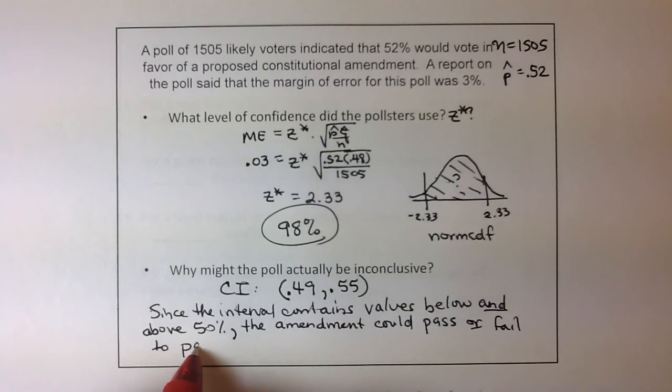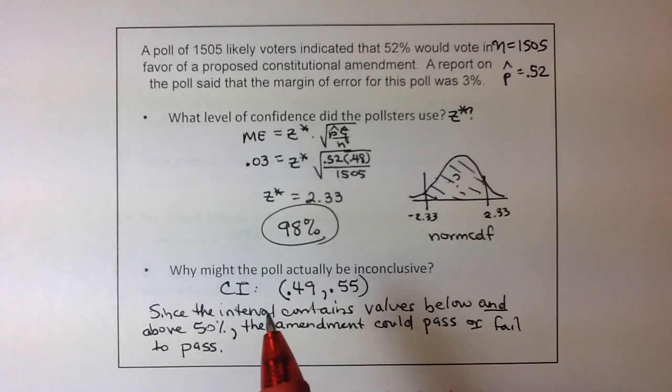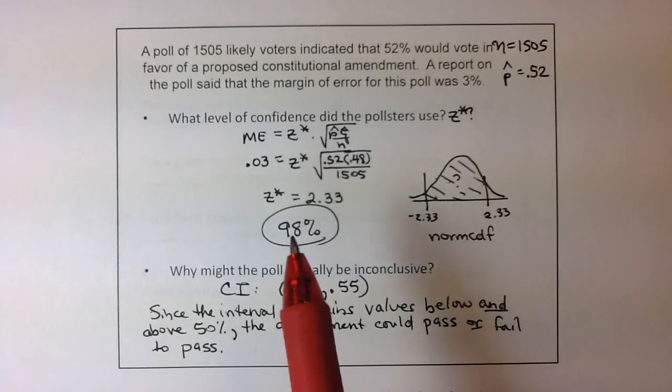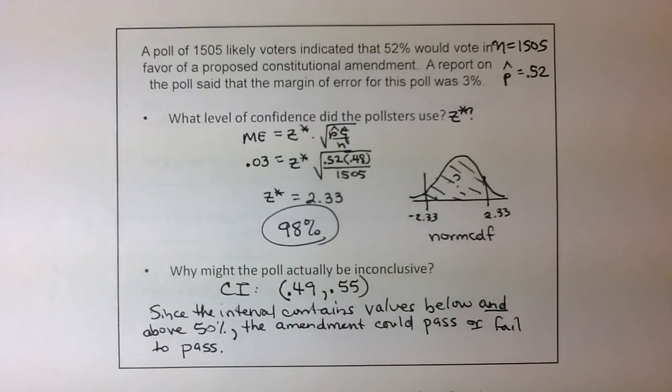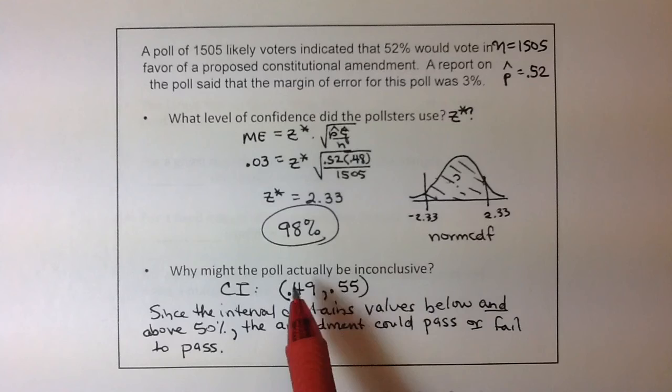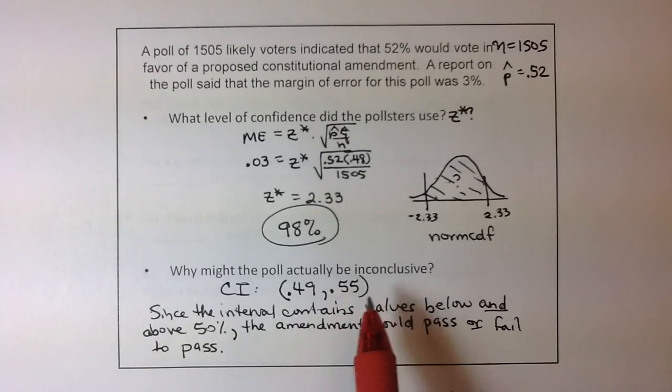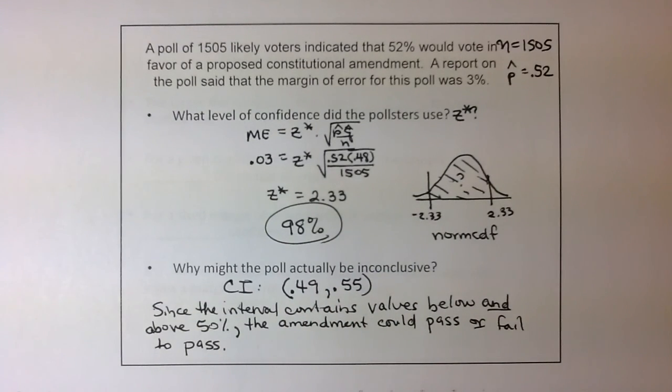Could go either way. If our entire interval was above 50%, then we would conclude with 98% confidence that it's going to pass. But since we're straddling 50% with that interval, it could potentially go either way.